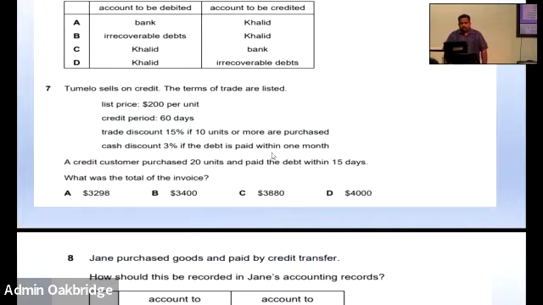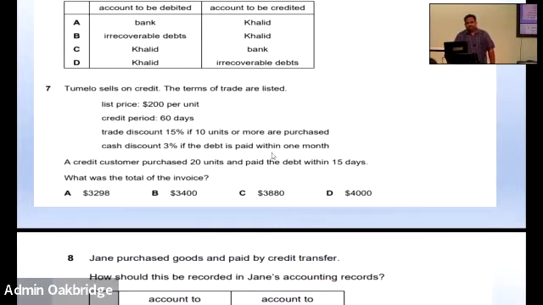So 4,000 minus 15%: 10% is 400, 5% is 200, so the total is 600. 4,000 minus 600 is 3,400. So the answer is A.